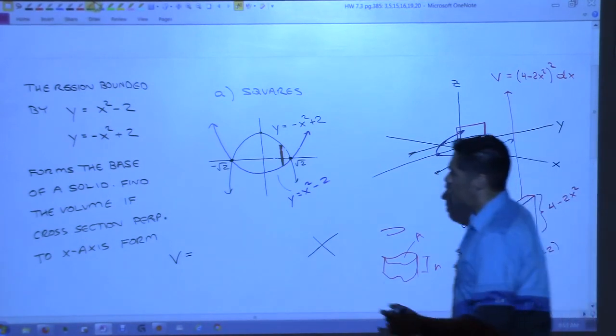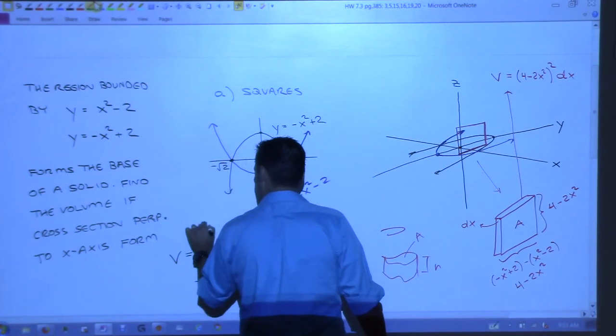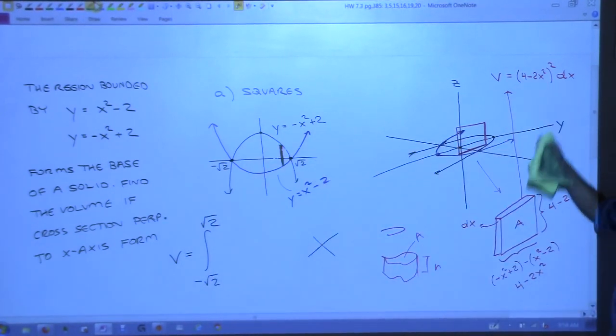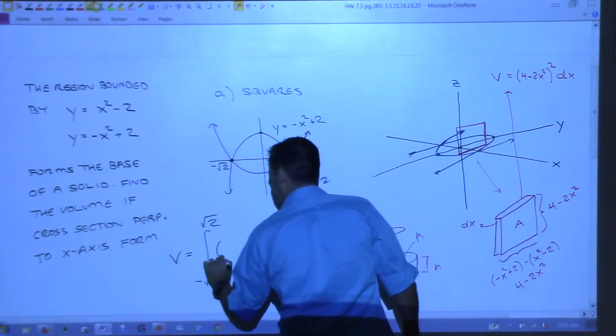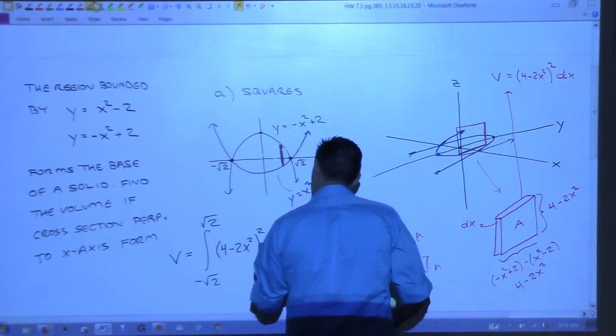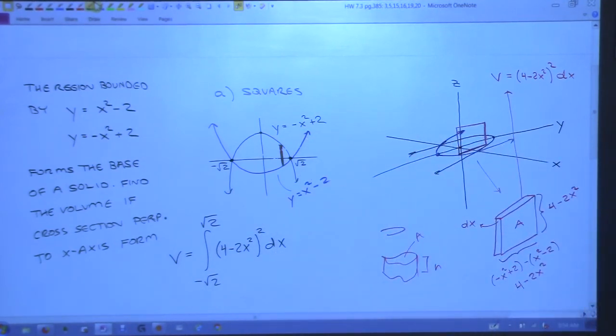So it's just going to be the integral from negative root 2 to root 2 of the formula for the volume of that piece, which is that. That's it. There you go. If we could integrate that, we would have the volume of that solid.